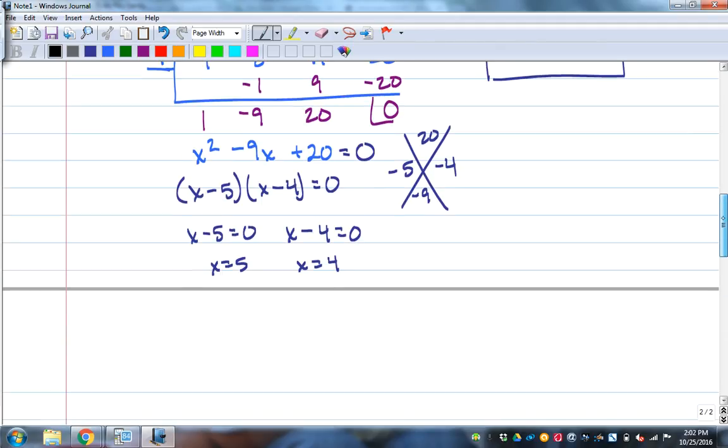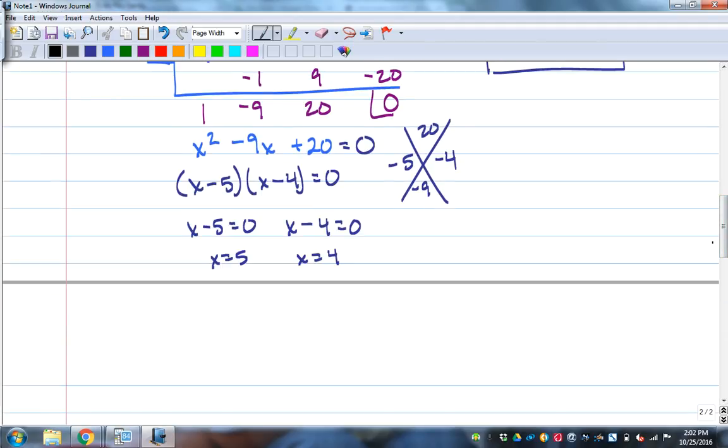Okay. When you do the graph thing, are they always going to be rational? If they're rational, yes. Like I just said, they won't always be nice rational zeros. Well, if they're not rational zeros, they're going to show on the graph.